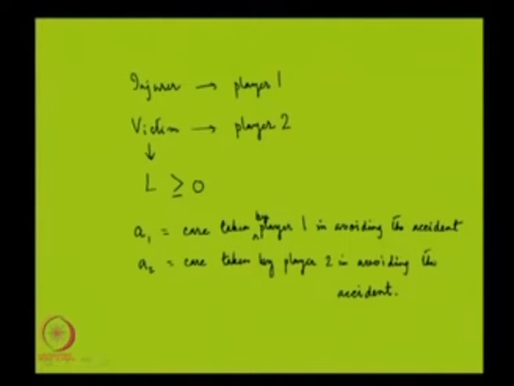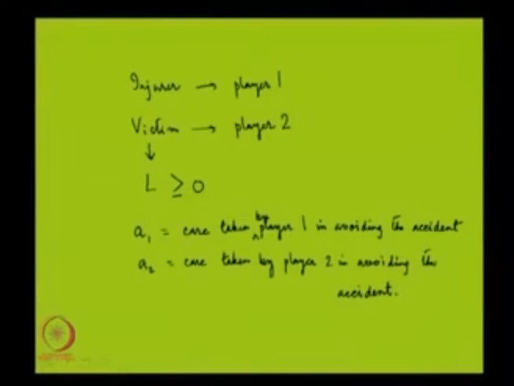It is reasonable to assume that if A1 or A2 go up, that is, the players are taking more care in avoiding the accident, then the loss that is suffered by the victim should reasonably go down. This L might also be interpreted as the expected value of the loss.